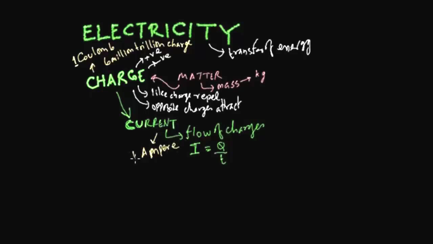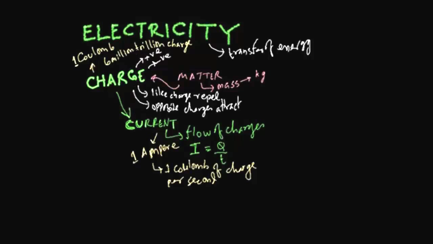So when we say 1 ampere, it is 1 coulomb of charge that passes per second. In 1 second, if 1 coulomb of charge passes, that means 6 million trillion particles.